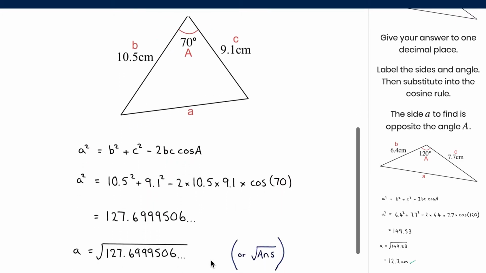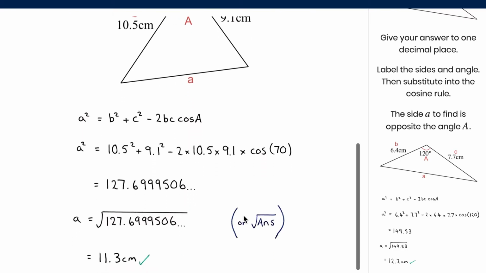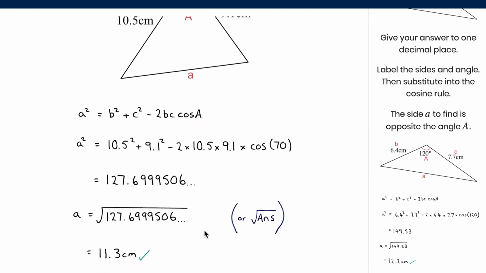Taking the square root to find a, by pressing square root and then the answer key, we get an answer of 11.3 centimeters, correct to one decimal place.